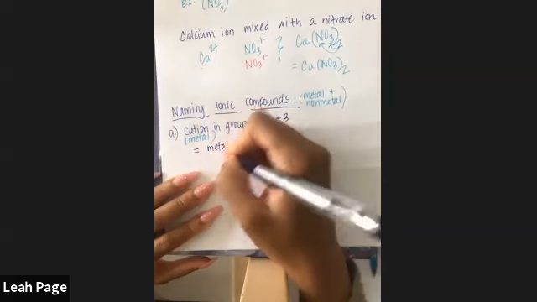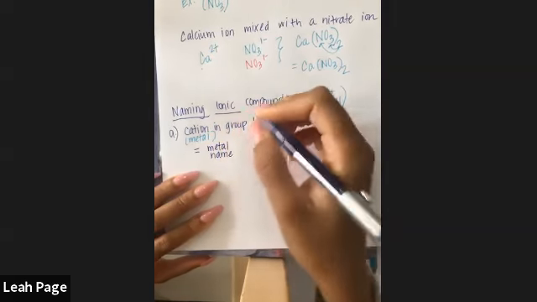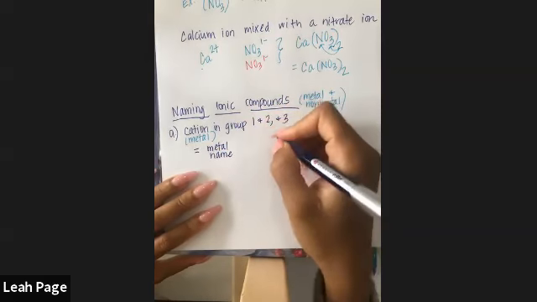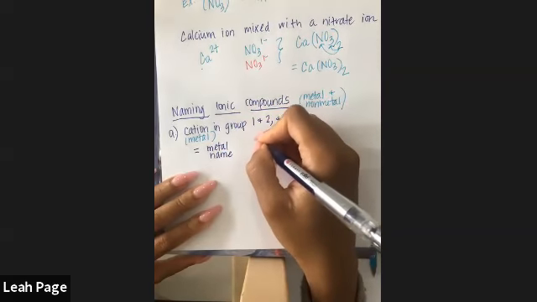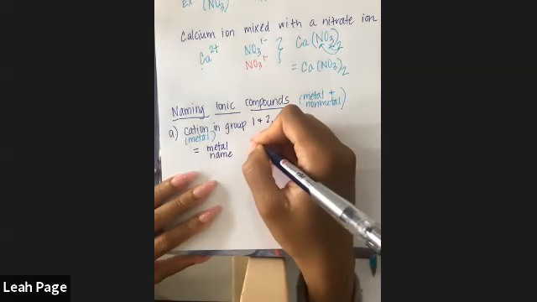I'll say metal name, and then I'm basically saying the first element, and then I'm saying the second element with an IDE at the end of it. I should say first element up here is what I'm trying to say. So first element, metal name, second element name, plus the IDE.